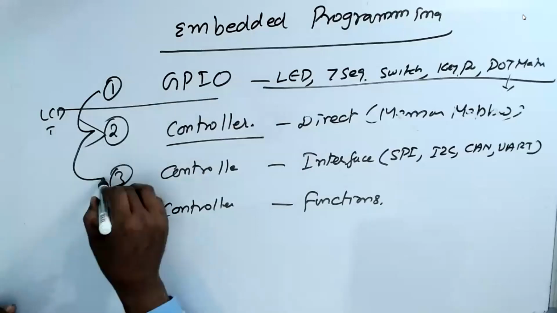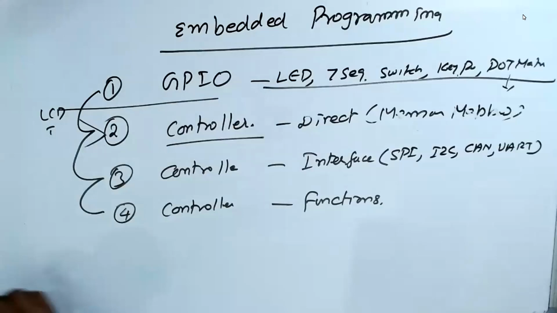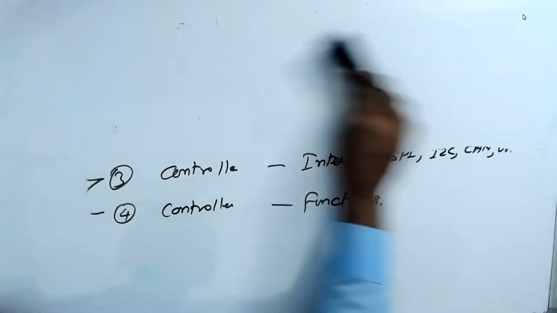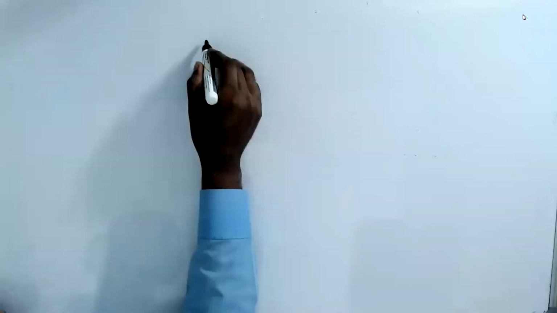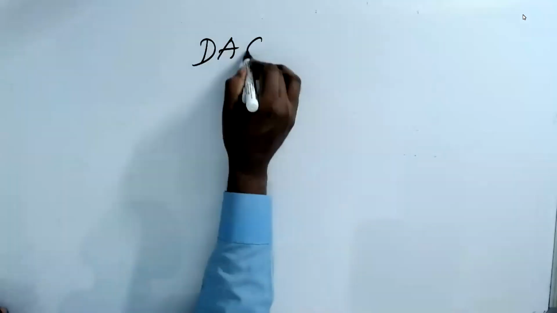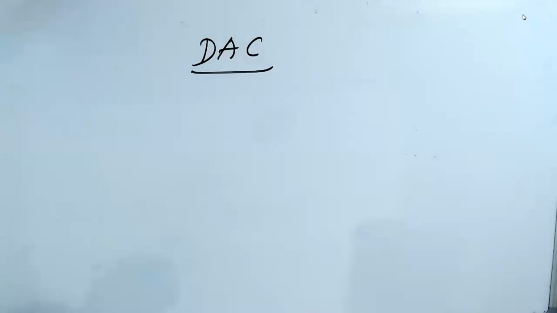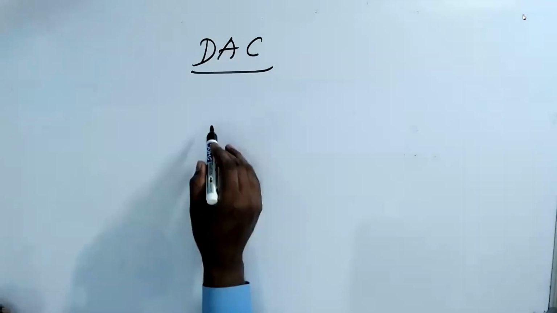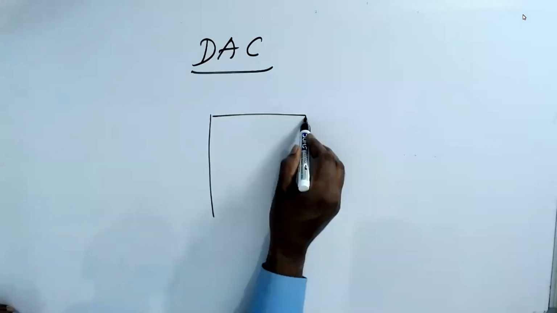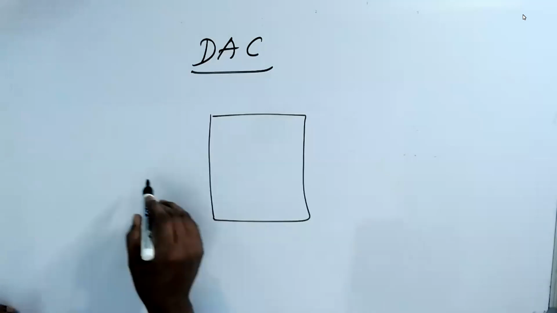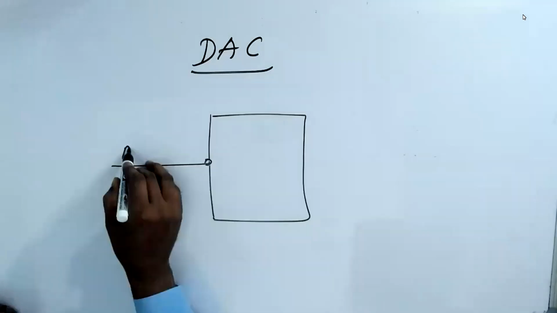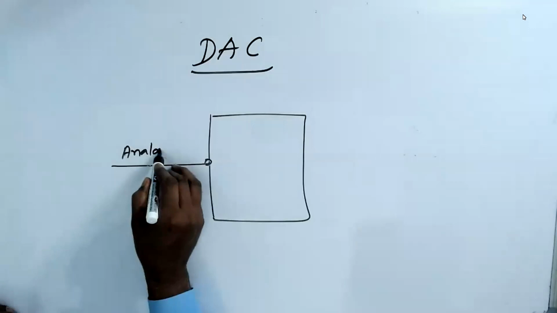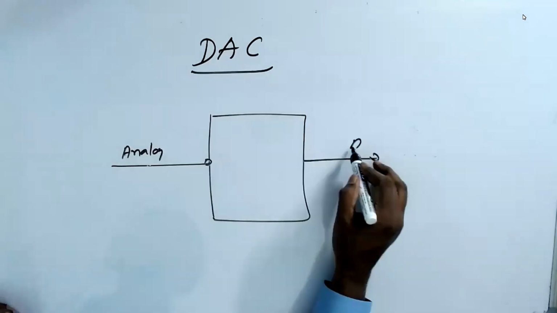So now in embedded controller programming, we are going to discuss DAC. What is DAC? It's very tricky. All about electronics in the initial days was all about analog. You'll be very surprised.